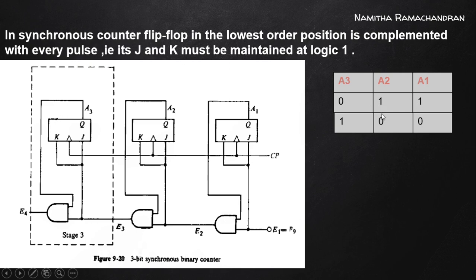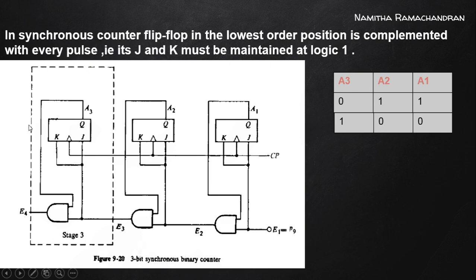Okay, so in order to generate a value for A2 in the next state, we need to consider the present value of A1. It is 1 here. If it is 1, we need to complement the current value of A2. That complemented value is transferred to the next state of A2. So here it is 1 now, so this 0 is transferred. Its complemented form is transferred to the next state.